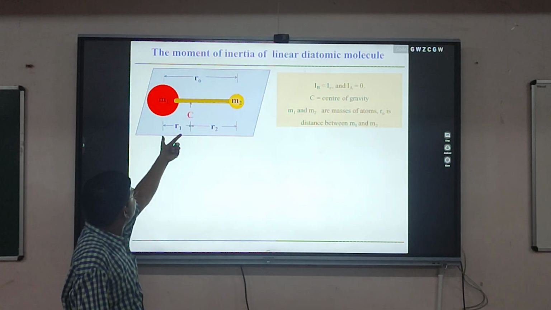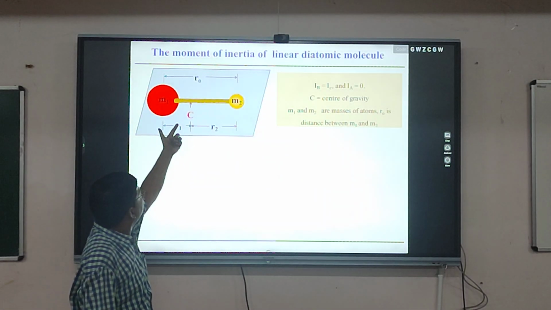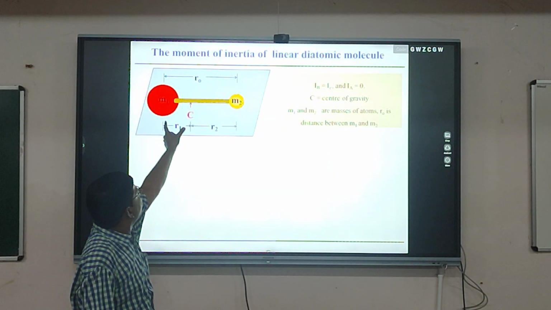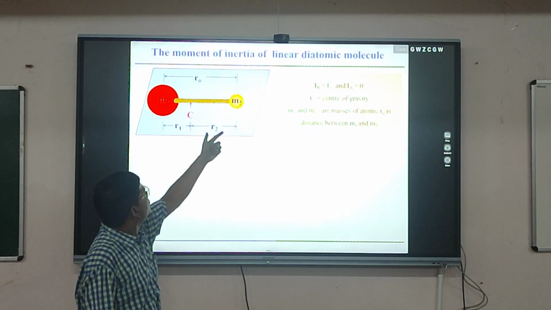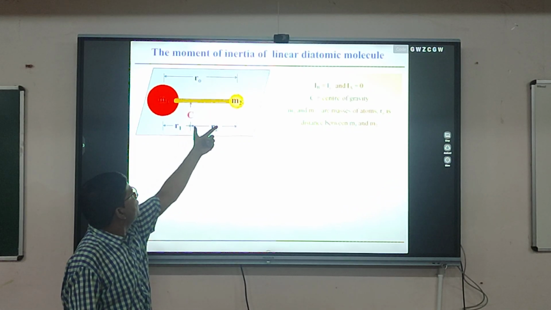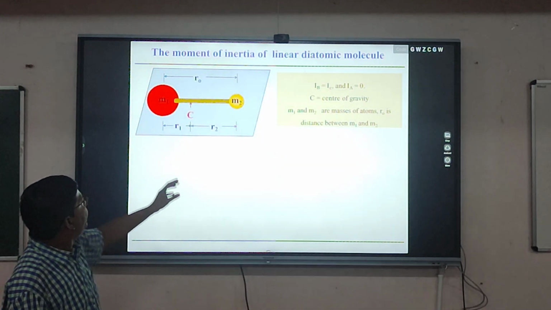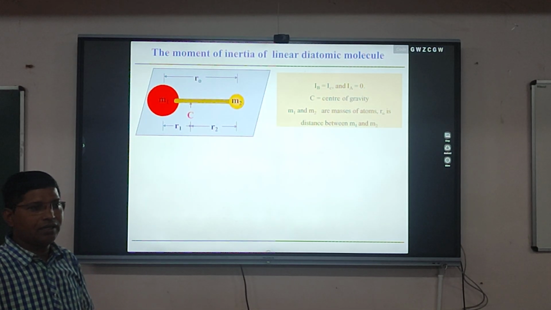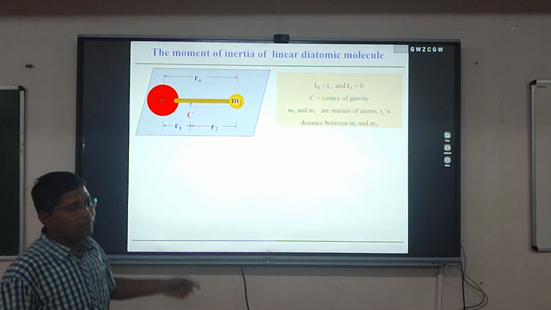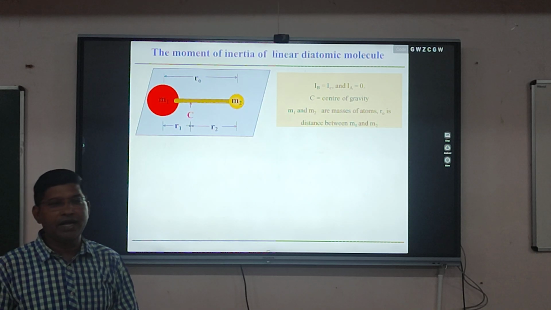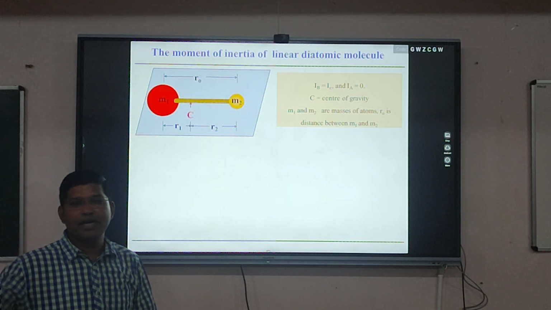At the center of gravity, the moments of the two atoms will be equal. Suppose R1 is the distance from the center of gravity to mass M1, and R2 is the distance from the center of gravity to mass M2. The distance between the two atoms in the molecule is R0, also called the equilibrium distance.